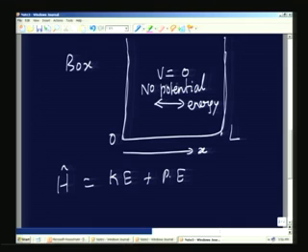The particle cannot escape the box, and the mathematical condition which imposes that is that the potentials at the two ends of the box are infinite and positive, that is steep, repulsive.